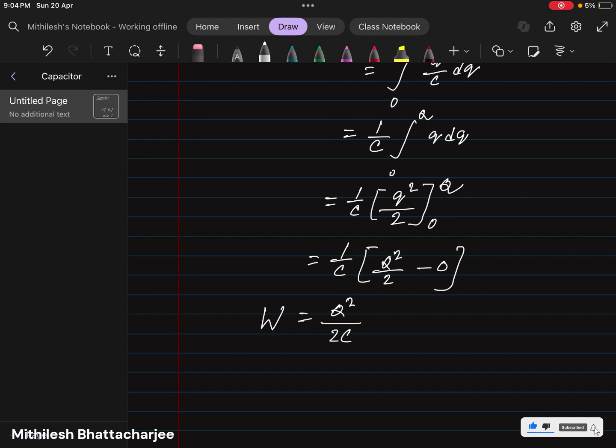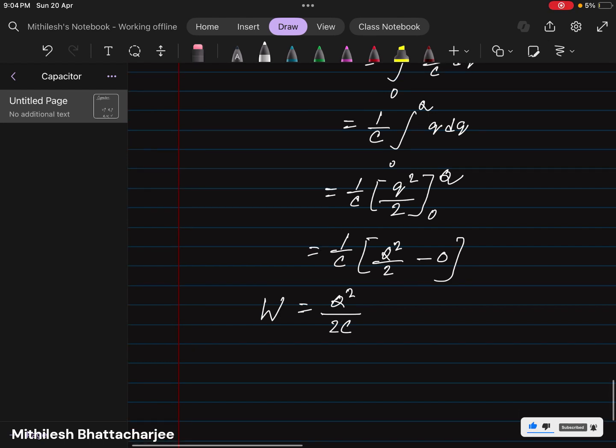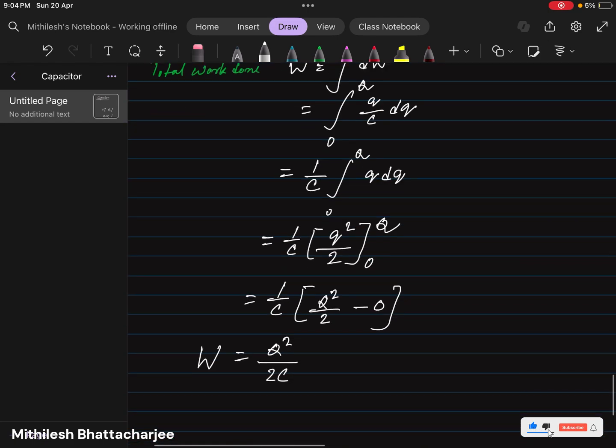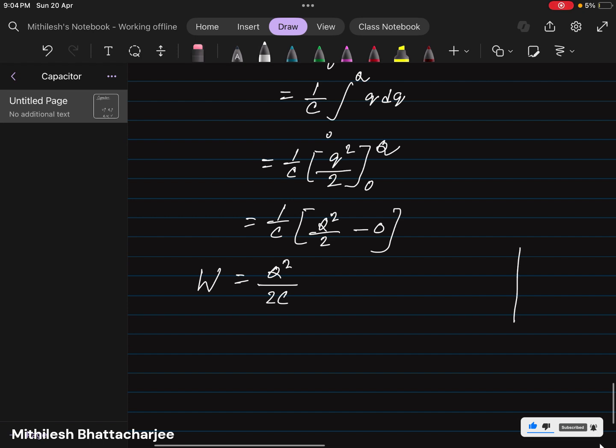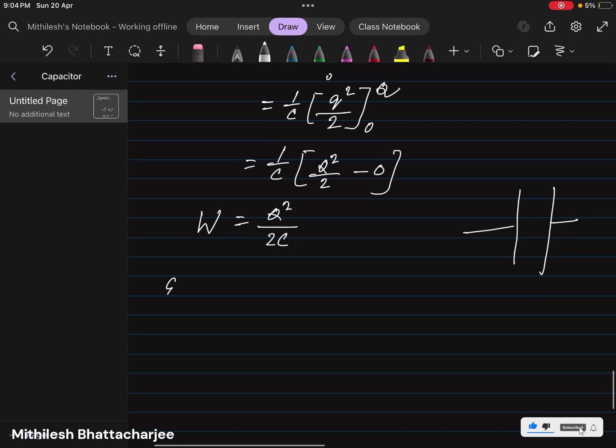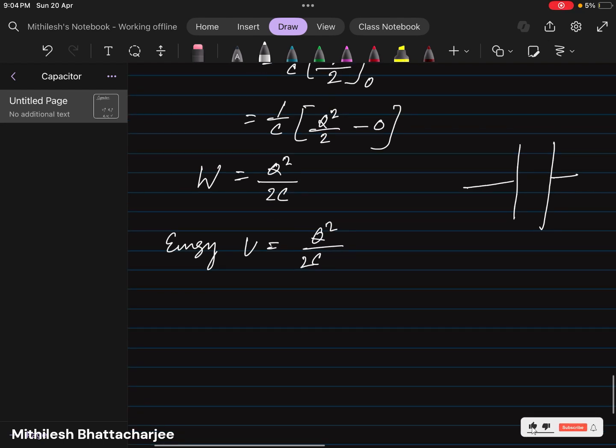This work done is stored inside the capacitor as electrostatic potential energy. So we can say the energy will be Q square by 2C.